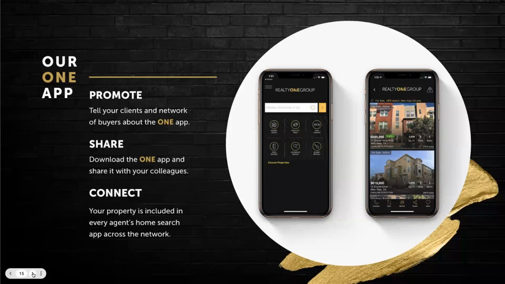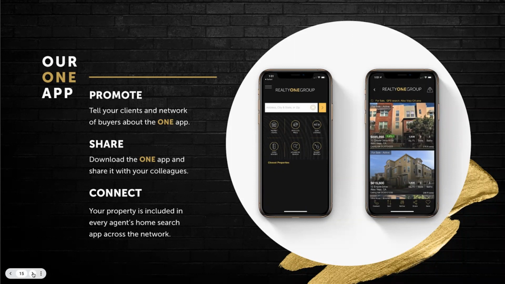Okay, this slide is to let them know that, hey, they can stay connected to you and their listing through our One app. And also, this is how you connect all the leads to your database so you don't miss anything. So there's a lot of talking points that go with this slide, however you choose.